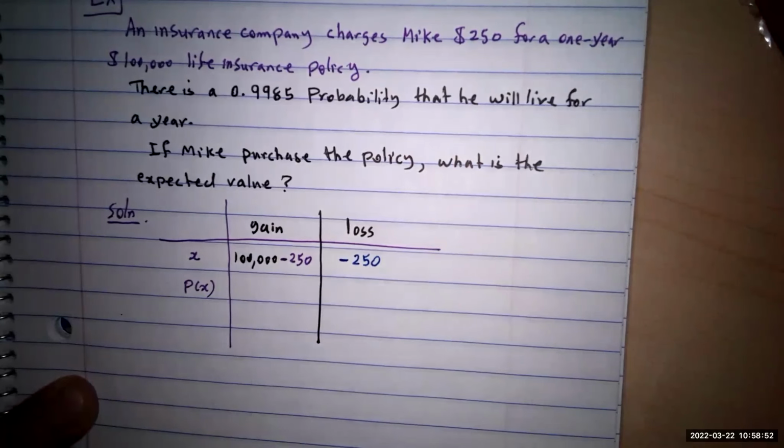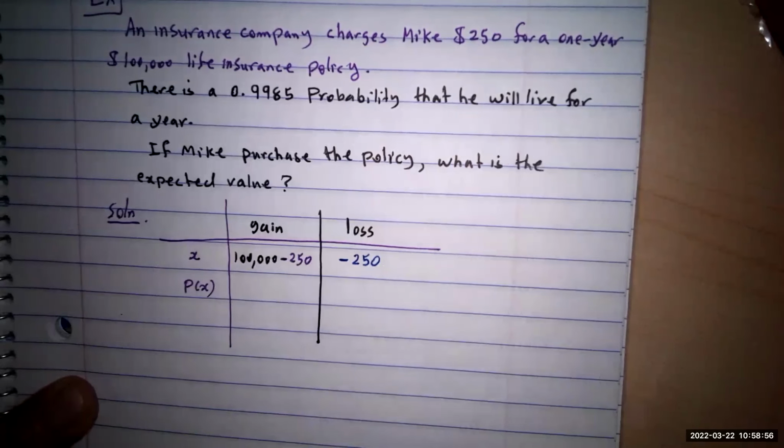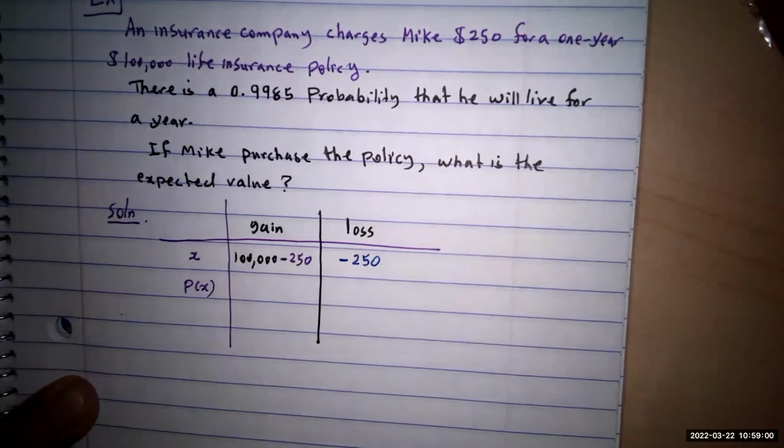Now, the probability. Remember, the probability that the young person would be alive at the end of the year is almost 100%. It's 0.9985. Okay, let's see how he's going to gain the money. Remember, it's an insurance policy, so he's going to gain the money if he's dead, not alive at the end of the year.